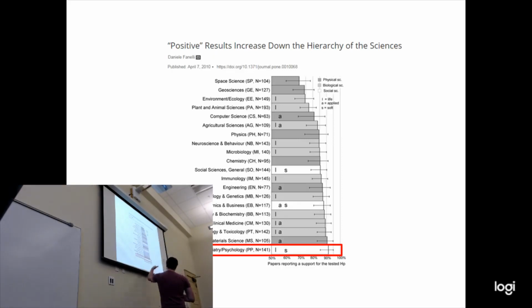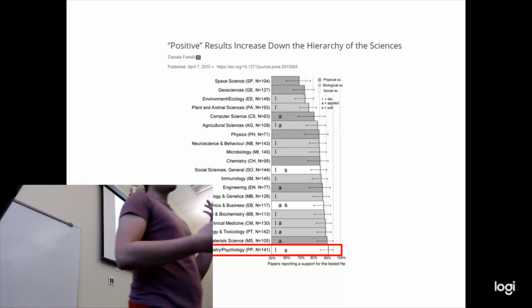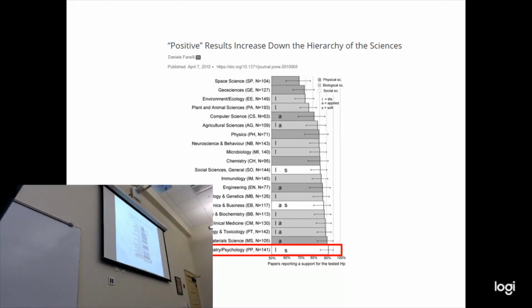So about 90% of studies in psychology, as of the study, said that they found support for their main hypothesis. At the time, we talked about a couple of potential causes of this. It seems kind of unlikely that psychological theories are right all the time.